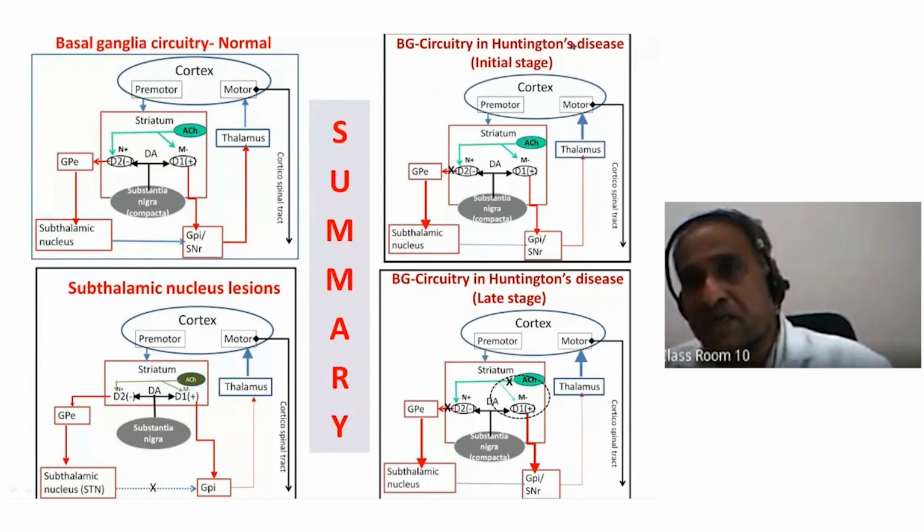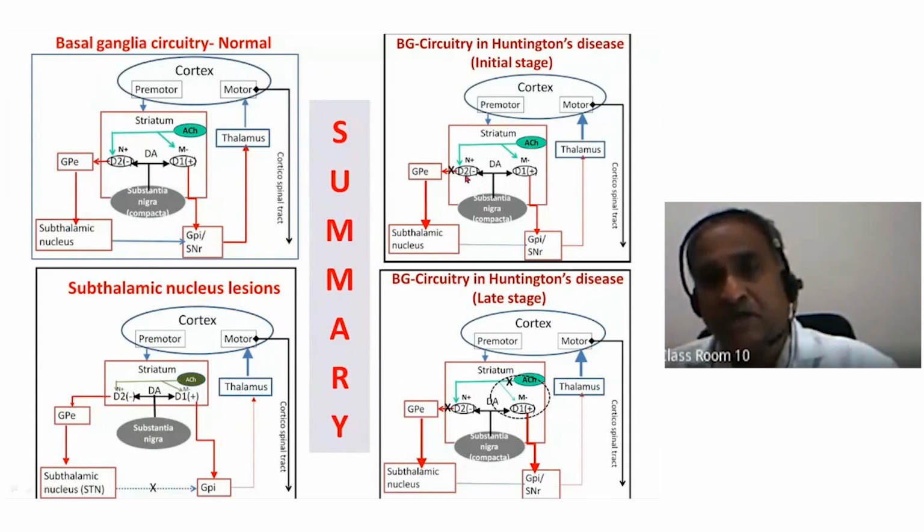Now you come back here in Huntington disease. There is an abnormality here, starting either with the absence of D2 receptor or D2 receptor abnormality, or the loss of the GABAergic neurons coming from the striatum to the globus pallidus externa. So there is an abnormality in these, and that produces decreased output from the subthalamic nucleus, and that decreases the output of the GPi, globus pallidus interna, to the thalamus, and thus enhances the thalamocortical outputs.